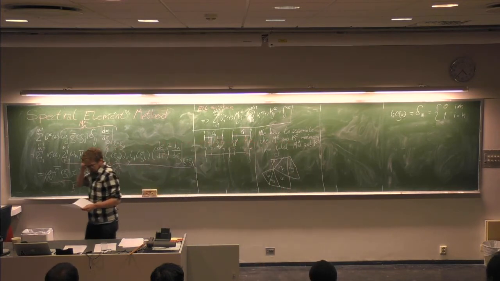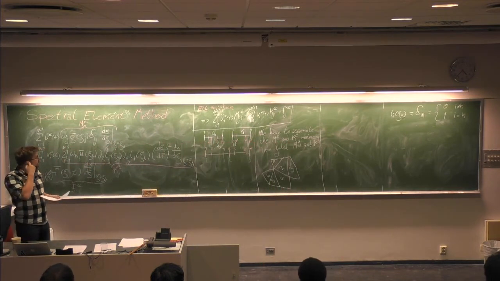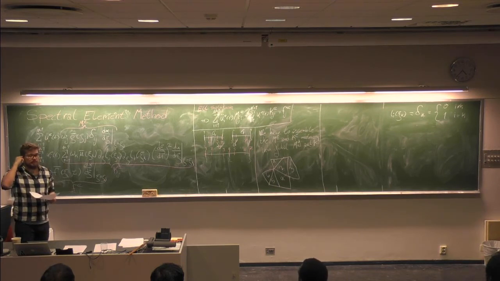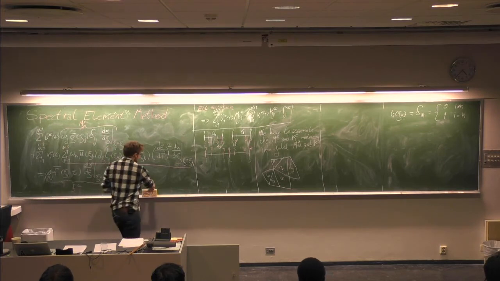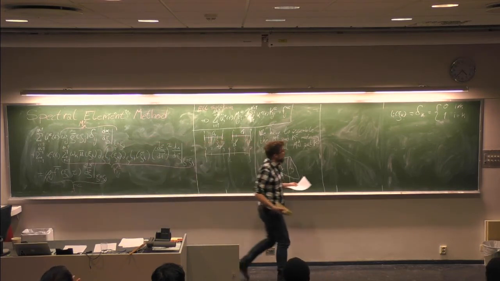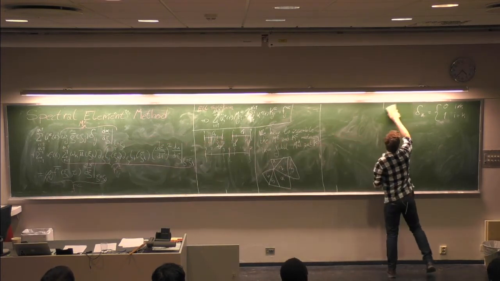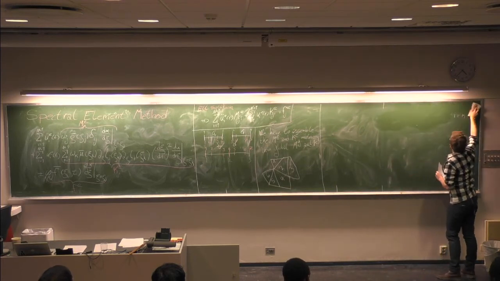So does it look overcomable to actually program a spectral element method, especially in the 1D case? Do you think you could do it? Do you want to do it? No, usually you have a software team that actually prepares these and does it for you.